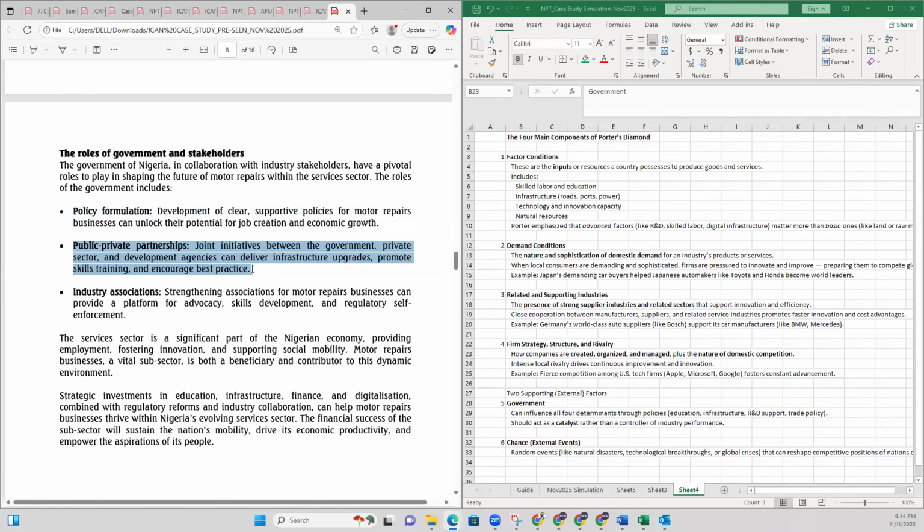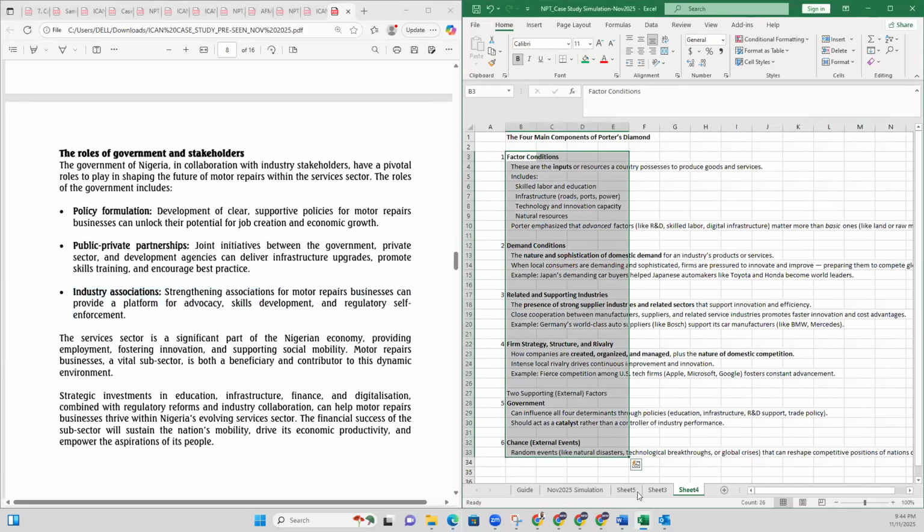Public-private partnership: what they have done, what you think they have done. If they have done nothing, say they have done nothing. If they have done any, mention it. If there is anything you think they can do, mention it. Industry association: these are things that we've discussed extensively, how they can work with the associations, and all of those. So it will be a very robust model for you to use if they bring it.